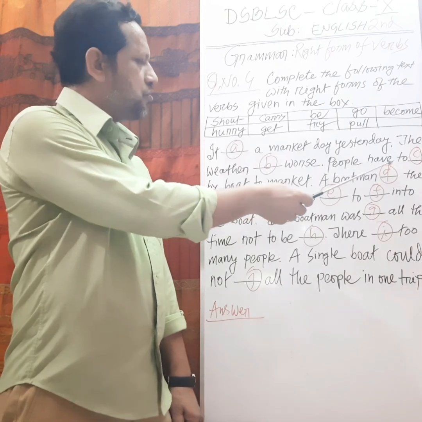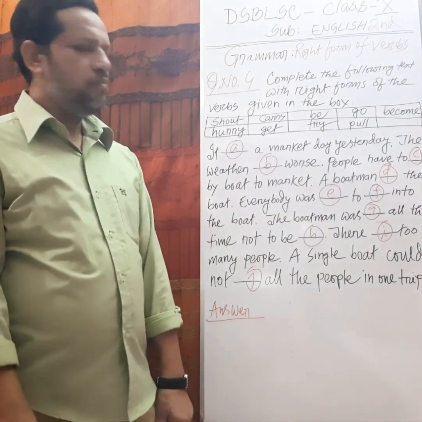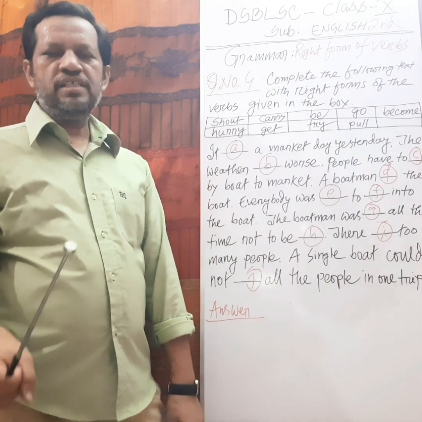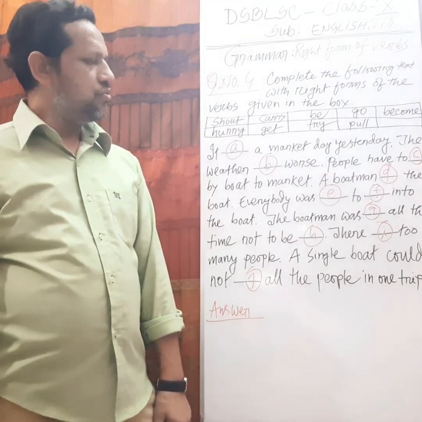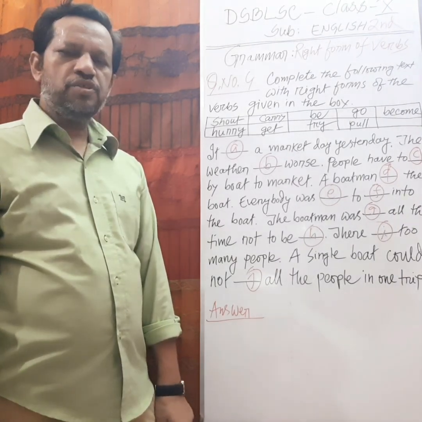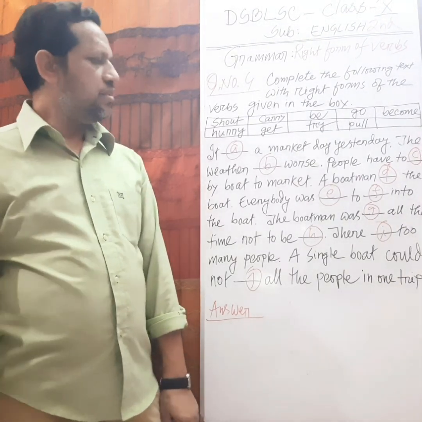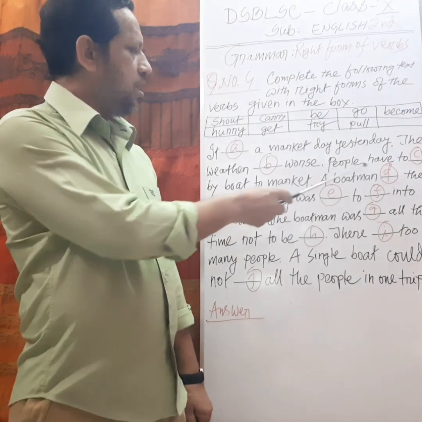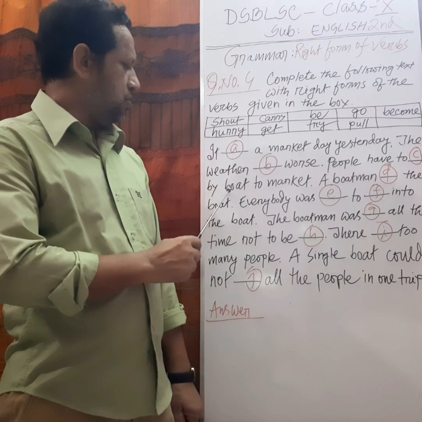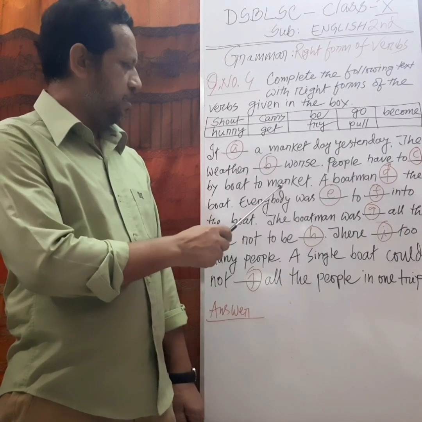People have to gap. My dear students, you know that to is a preposition, and after to we have to use V1 form. That's why people have to go by boat to market.